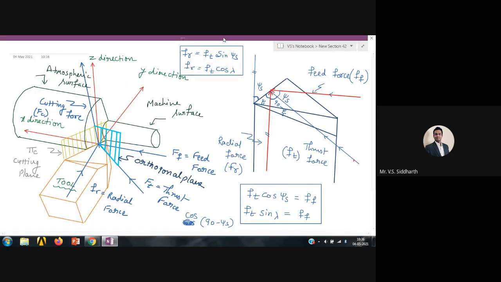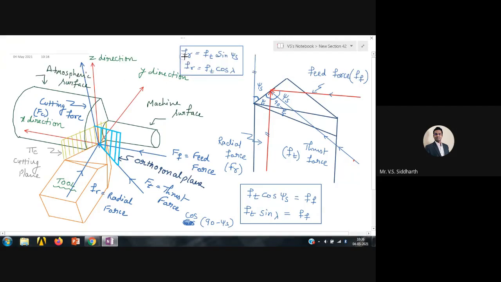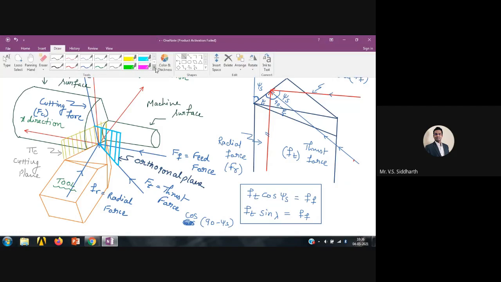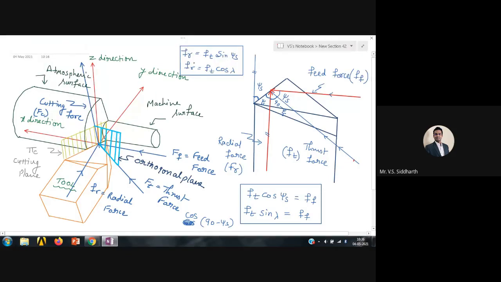Now you tell me one thing. Now the resultant of cutting force and thrust force. All of you pay attention. Those who are not listening, they also listen. Okay, only this point you listen. Now the resultant of thrust force I got it, na? From feed force and radial force, I got the resultant of the thrust force.